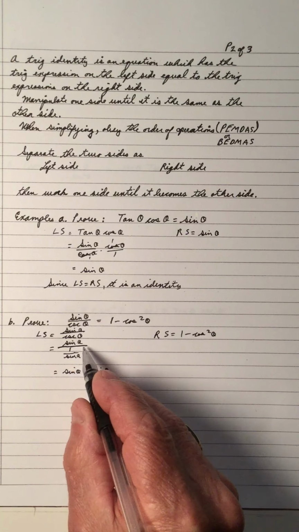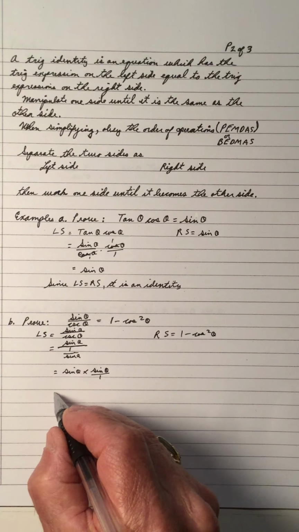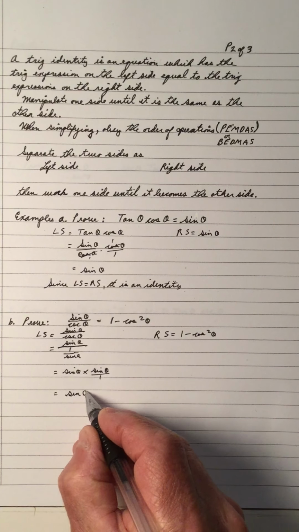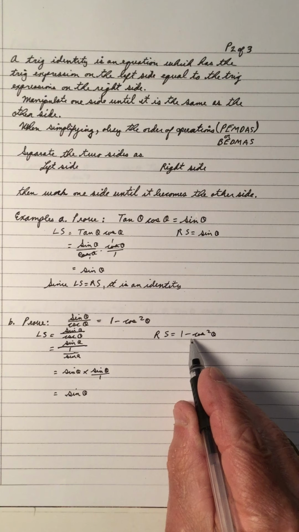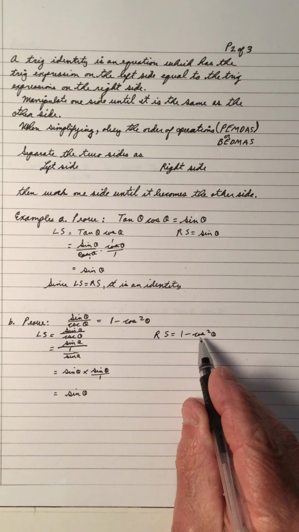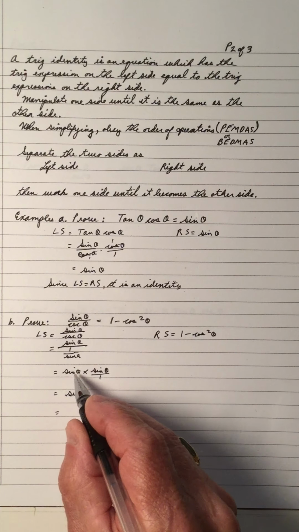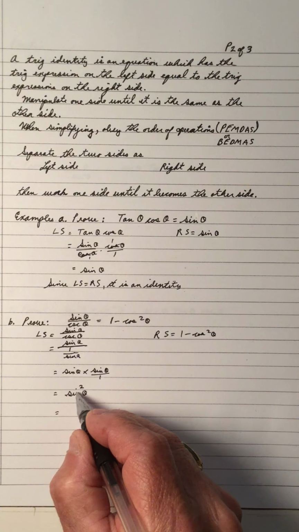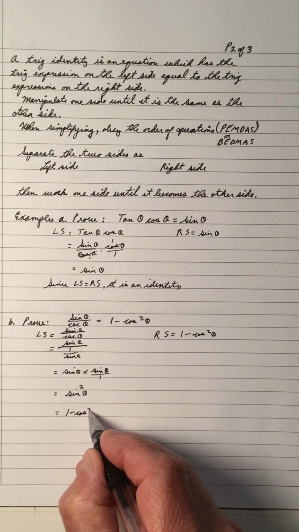Again, this is a division sign, so this is sine times sine over 1. And sine times sine is sine squared. And sine squared is 1 minus cos squared.